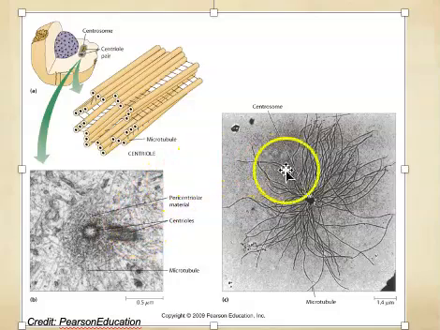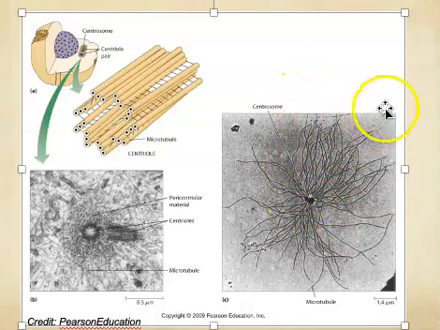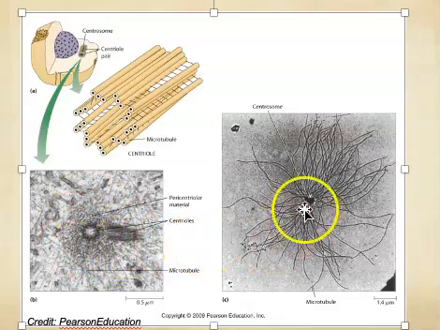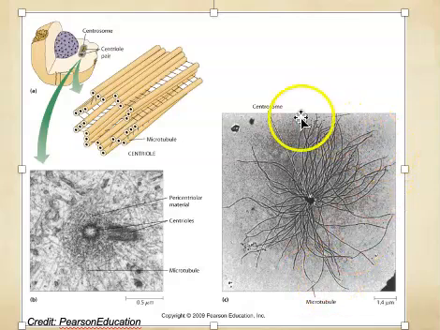Now, when you watch these centriole pairs across time, you can see the microtubules growing out of them and growing out in all directions. That's why having the pair of them oriented perpendicular to each other is important. It allows the microtubules to grow out in all directions in 360 degrees.